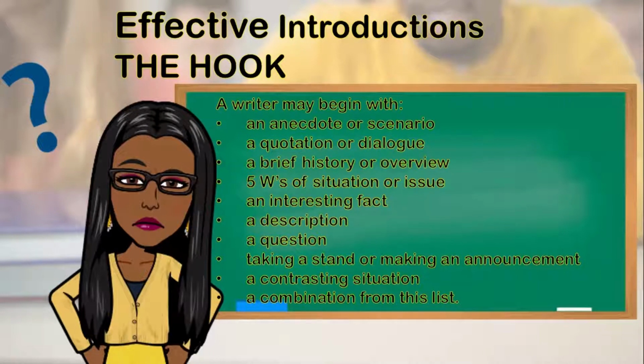An anecdote or scenario, a question, a quotation or dialogue, a brief history or overview, the 5 W's of a situation, the who, what, when, where, and why, an interesting fact, a description, your stand or your position.